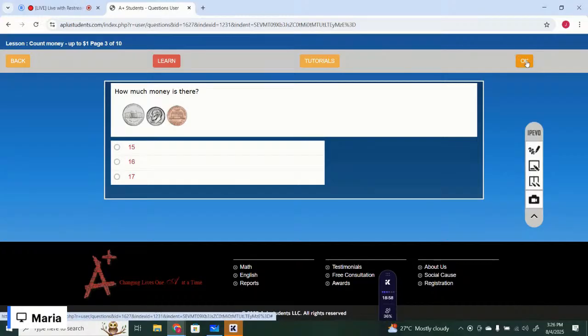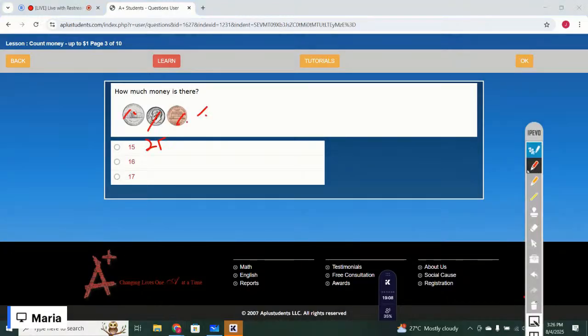How much money is there? That is the dime that is worth 10 cents. This is the penny that is worth 1, and this is I think the nickel that is worth 5.